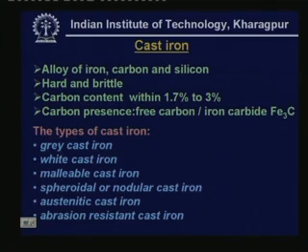These materials are, as it is given over here, quite hard and brittle. By now you have some understanding of brittle, which means normally brittle materials do not have much of a plastic zone.